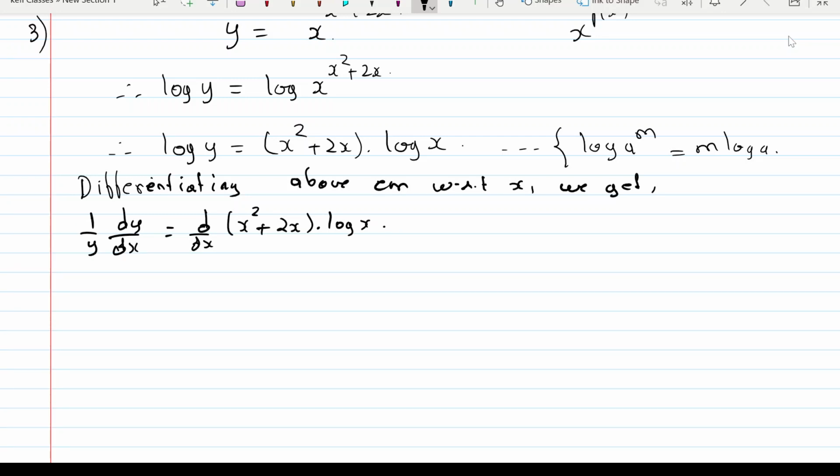So 1 upon y dy by dx is equal to d by dx of x square plus 2x into log x.